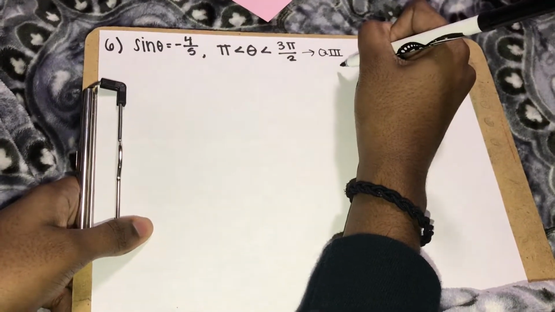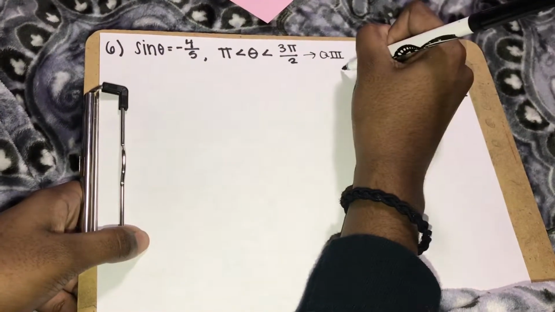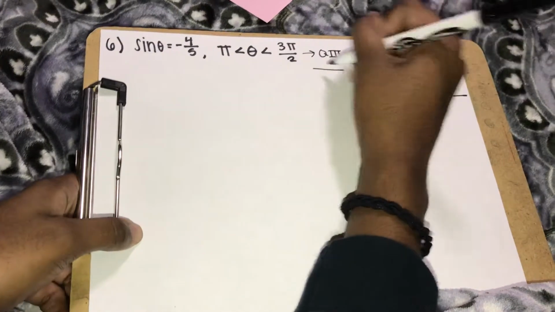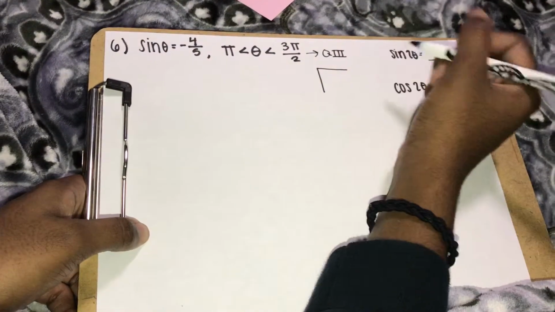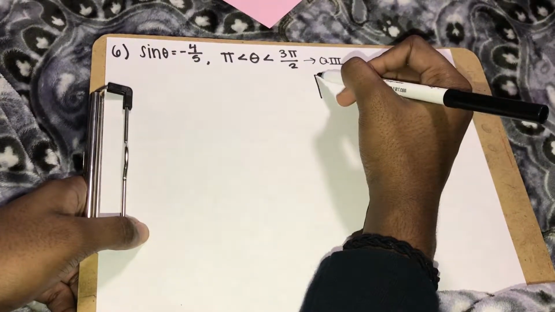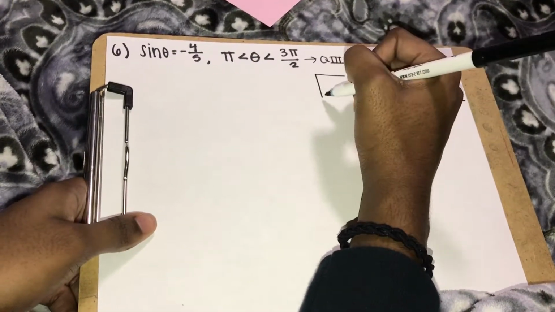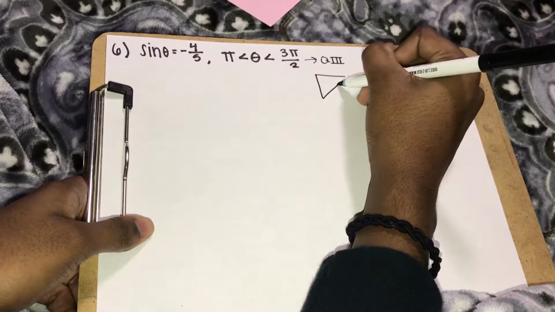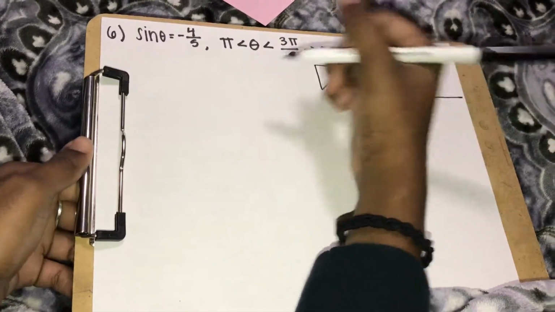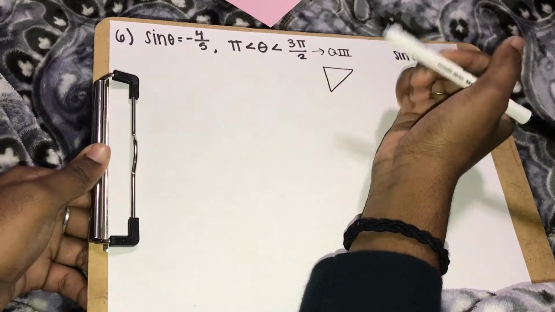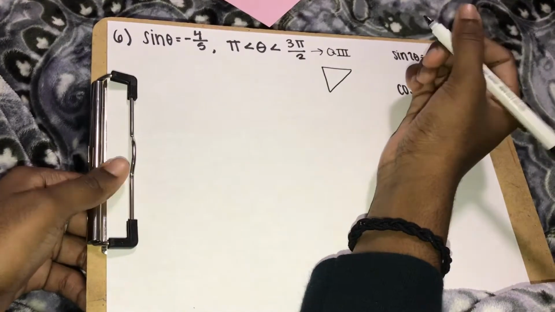So you can go left first and then go down, for a negative x and a negative y. And you connect that, and it's given to you that sine theta is -4/5.